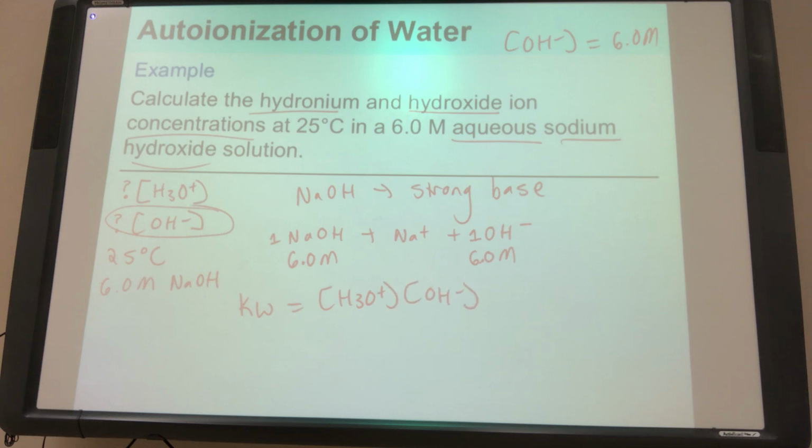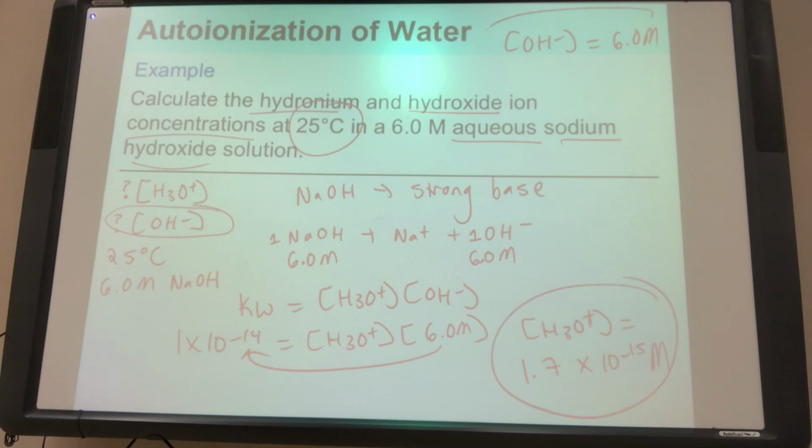So I plug in what I know. At 25 degrees Celsius, we just say 1 times 10 to the negative 14. H3O+ is what I'm looking for. OH- is 6. Divide that over, and you get your H3O+ concentration to be 1.7 times 10 to the negative 15 molar.